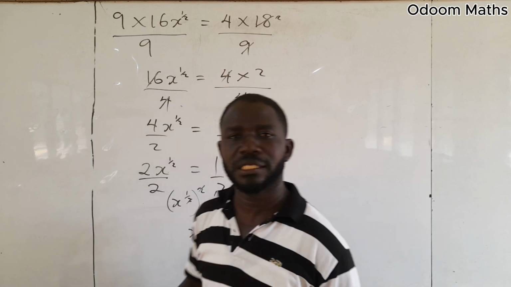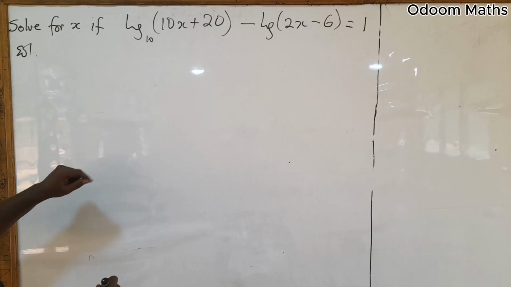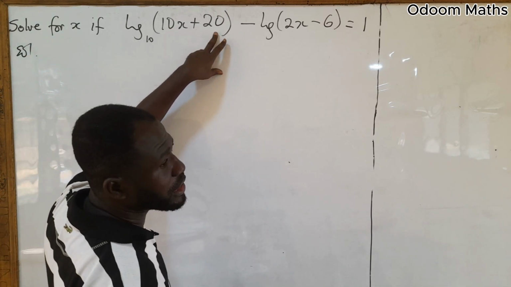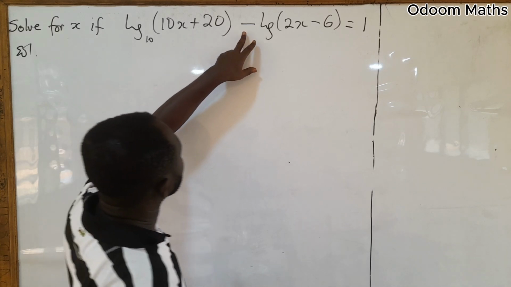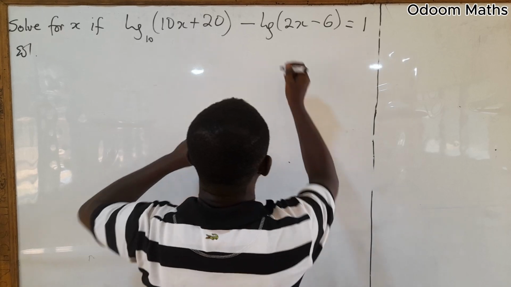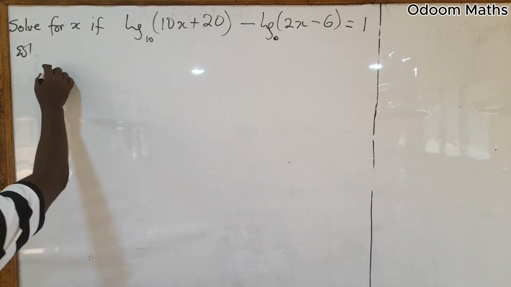So let's look at one last example to this very topic. Now solve for x if log 10x plus 20 base 10 minus log 2x minus 6 base 10 equals 1. So let me rewrite the question.